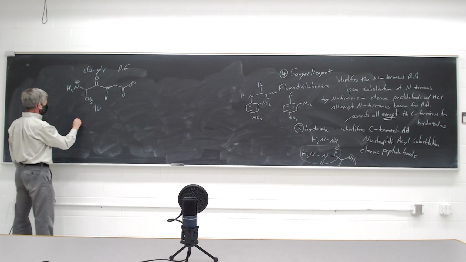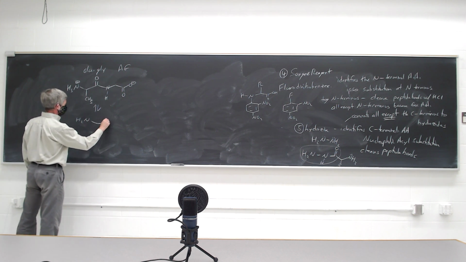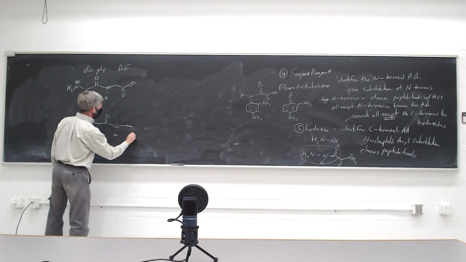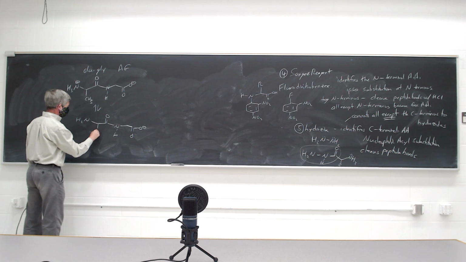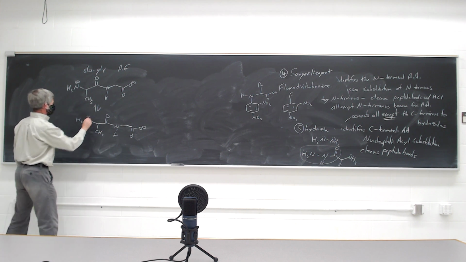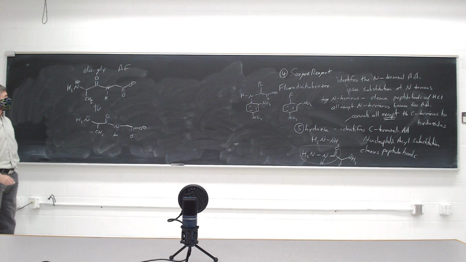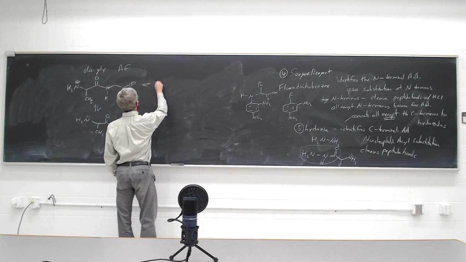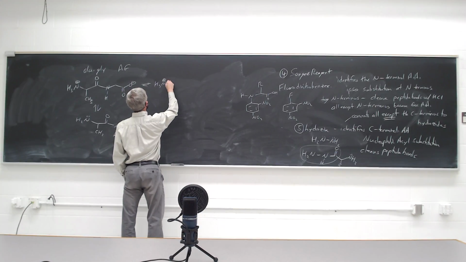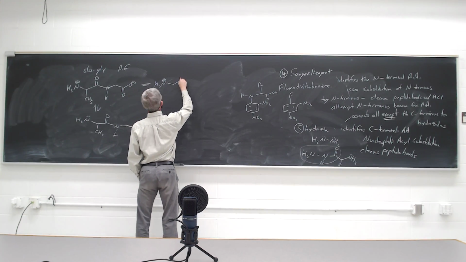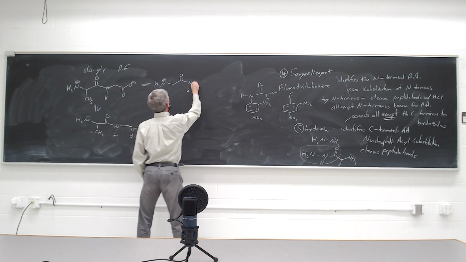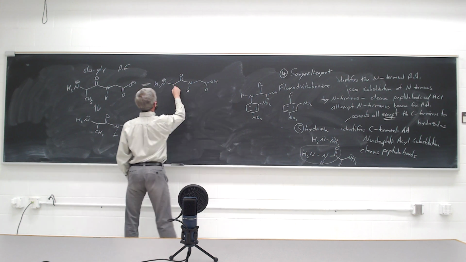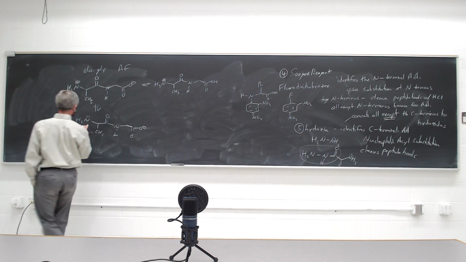There's always in equilibrium with that some of the negatively charged species. So there's always a little bit of free amine present. Obviously, there's always in equilibrium some of the +1 species as well. But this is what we care about.